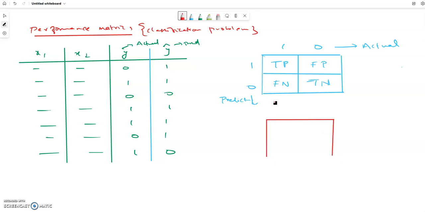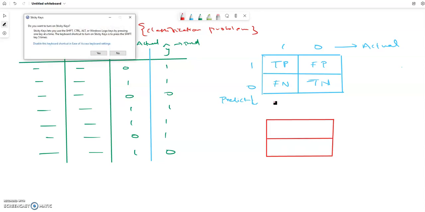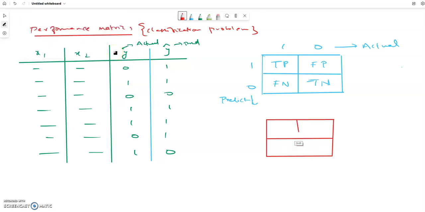Now we wanted to find the performance of this data that we have taken here. What I'm trying to write here is 1 and 0, 1 and 0. Let's say this is the actual and this is our predicted. From this data set you can observe the values right here. Now let us say actual is 0 and predicted is 1. How many are there?